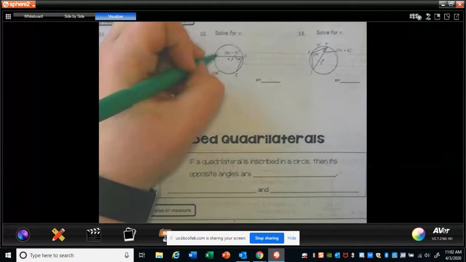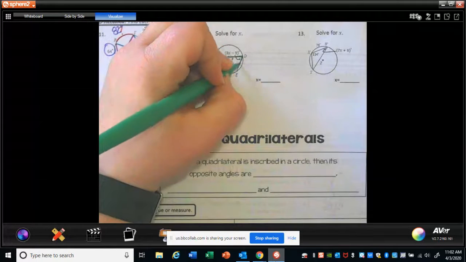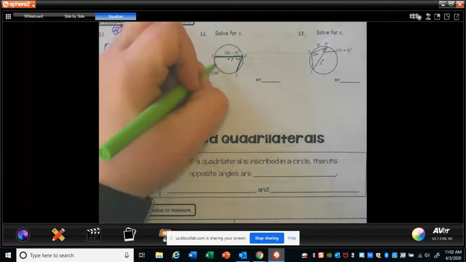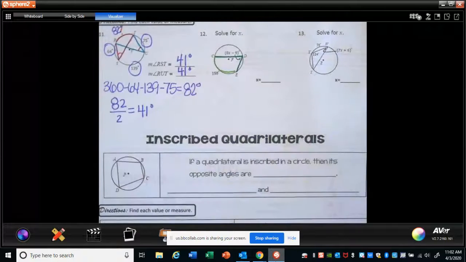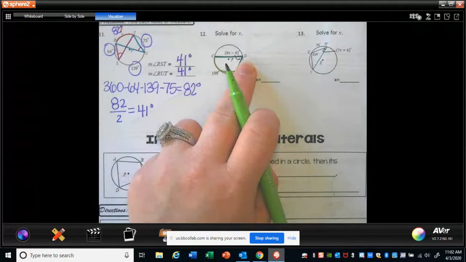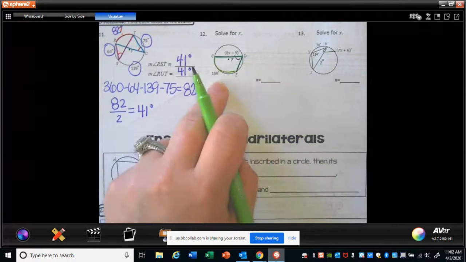We've got this angle CDE. It's equal to 8x minus 9, and its corresponding arc CE is 158 degrees. The arc is always twice as big as the angle, or the angle is half of the arc.